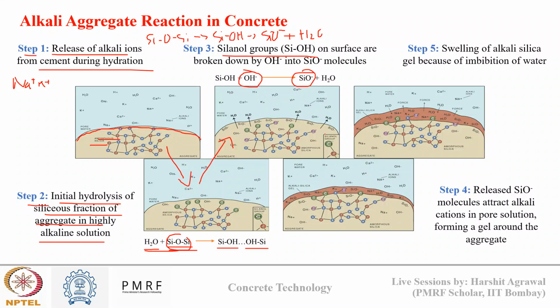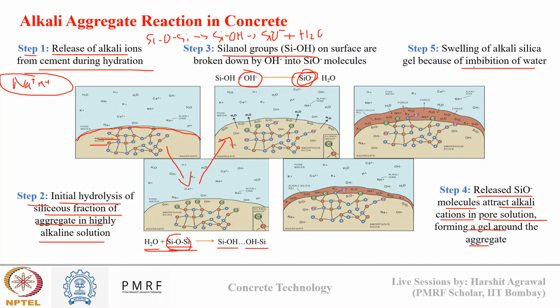Now, this released SiO- molecule is negatively charged, so it will attract the alkali ions which are positively charged. So there will be a kind of gel formation that will occur around the aggregate. So the released SiO- molecule attracts the alkali cations in the pore solution to form a gel around the aggregate. Okay, and in the presence of moisture, this gel swells up due to imbibition of water.